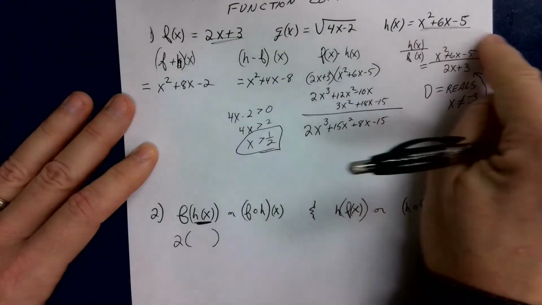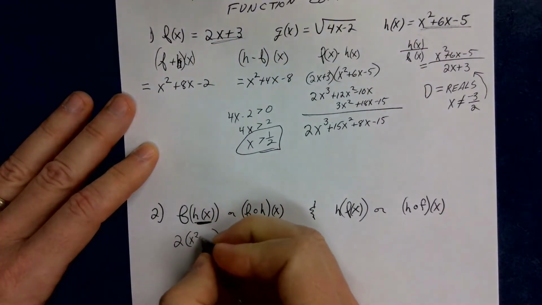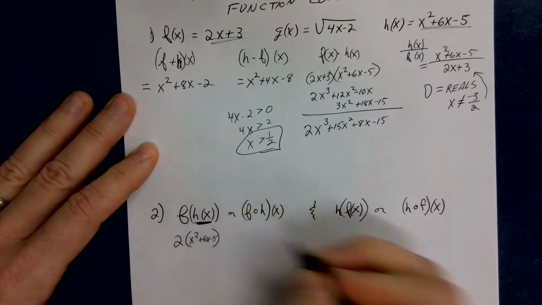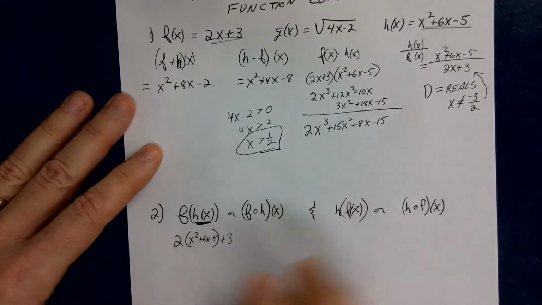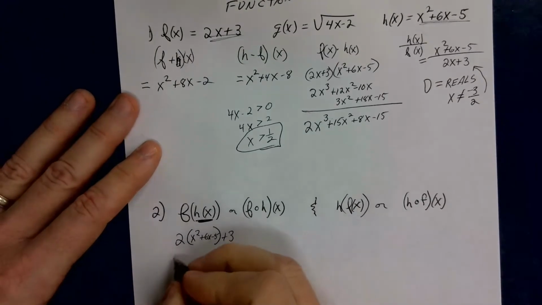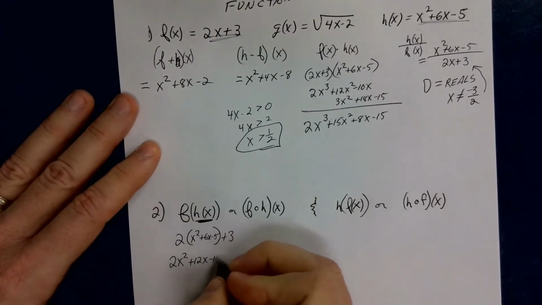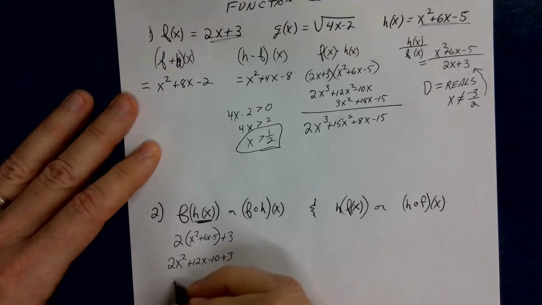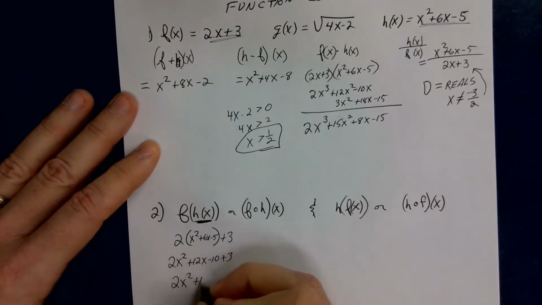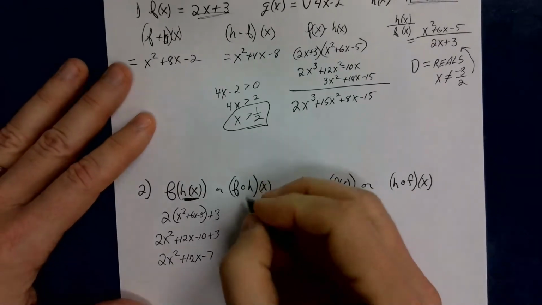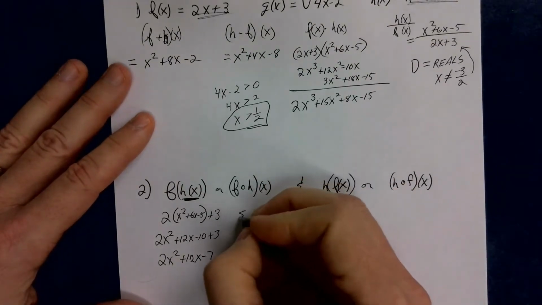X is now this, x squared plus 6x minus 5, plus 3. So f of h of x becomes 2x squared plus 12x minus 10 plus 3, or 2x squared plus 12x minus 7. Okay?